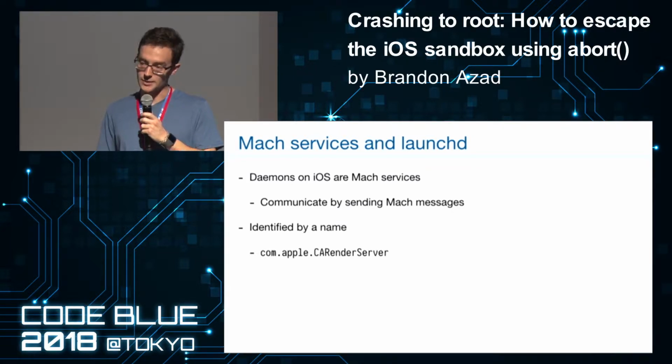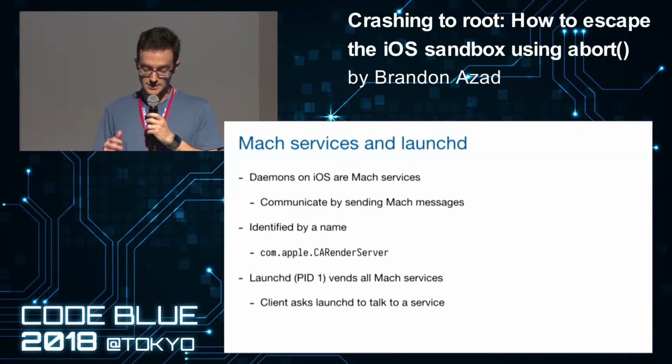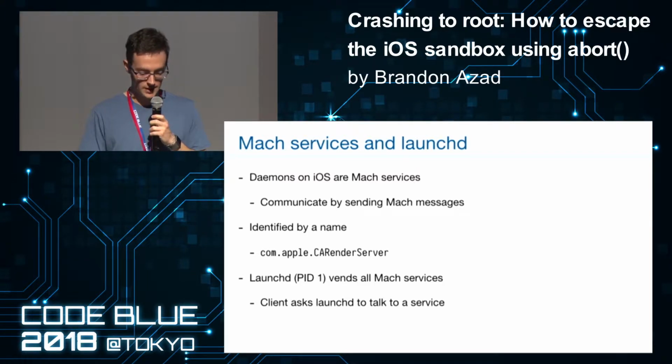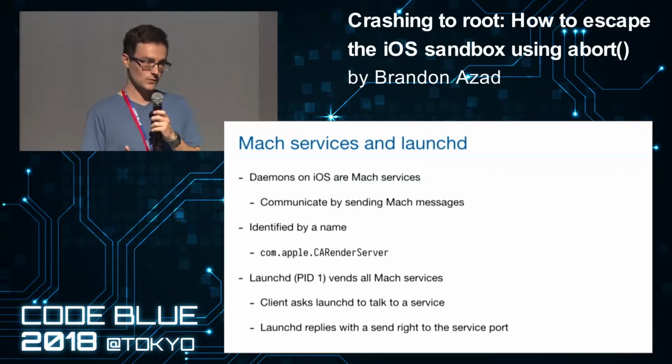And how does a client process actually gain the ability to talk with a service? Well, the launchd process, which is PID 1, actually vends all the Mach services on the system to interested clients. So if a client wants to talk with a service, it'll send a message to launchd saying, hey, launchd, I want to talk with this service. And then launchd will send a reply to the original Mach message containing a send right to that service's Mach port.